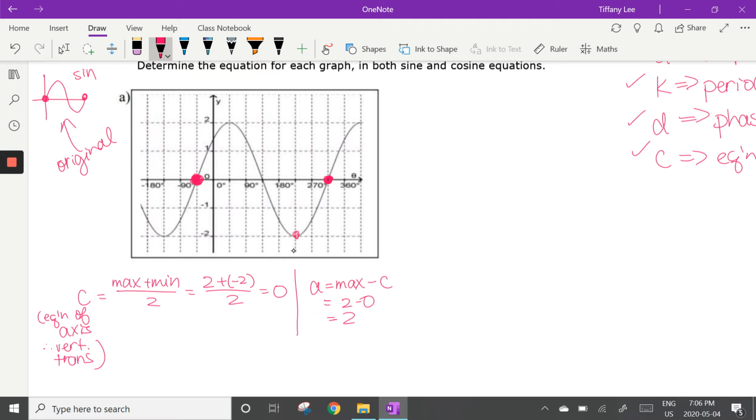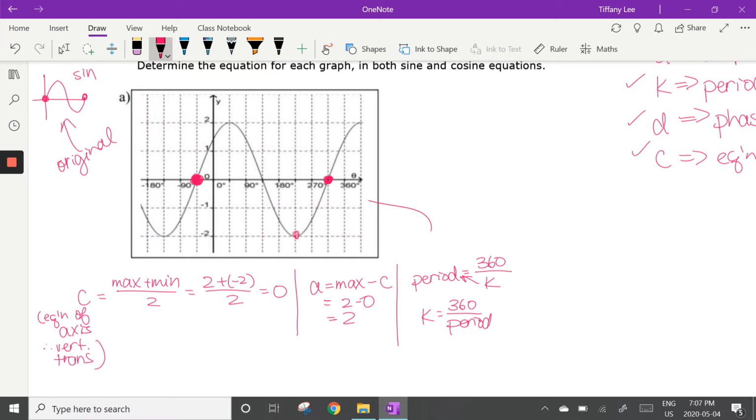Next up, let's take a look at period. If you look back in your previous notes, you'll notice that period equals 360 over k. So if I cross multiply, k equals 360 over the period.